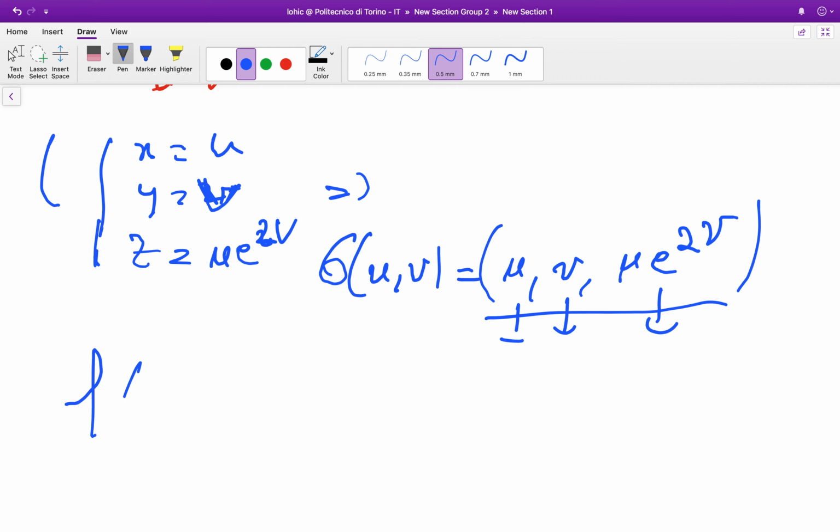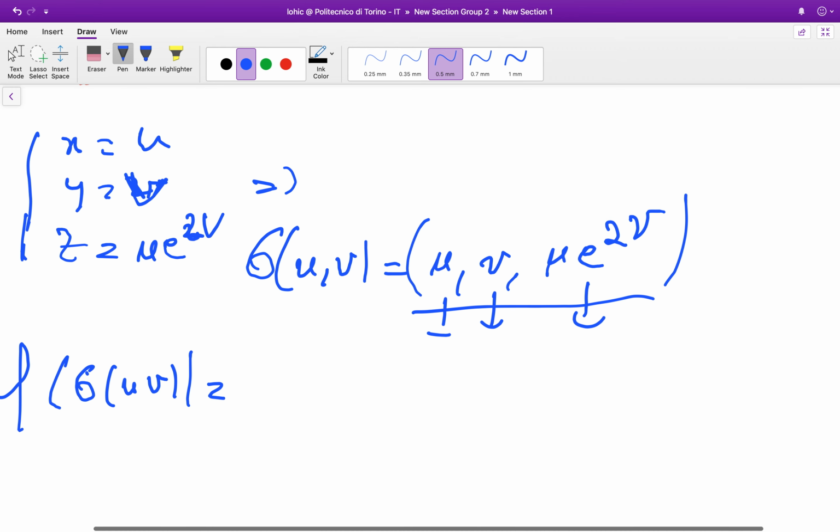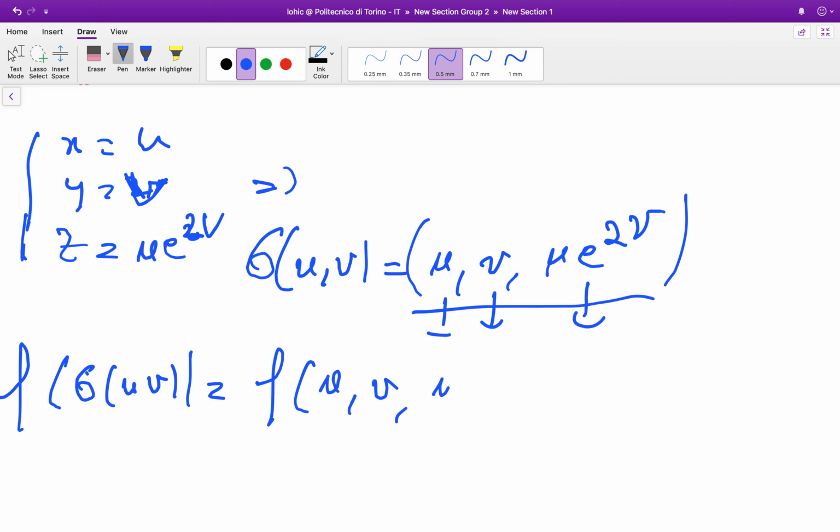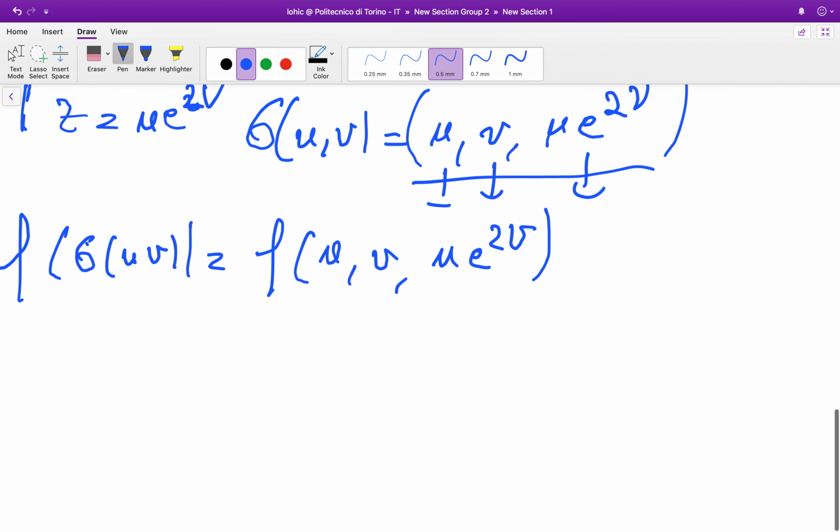So f of the surface just means that I take f of u, v, and u exponential of 2v. Doubts? It's just a matter of calculus. In the place of x I put u, in the place of y I put v, in the place of z I put this.